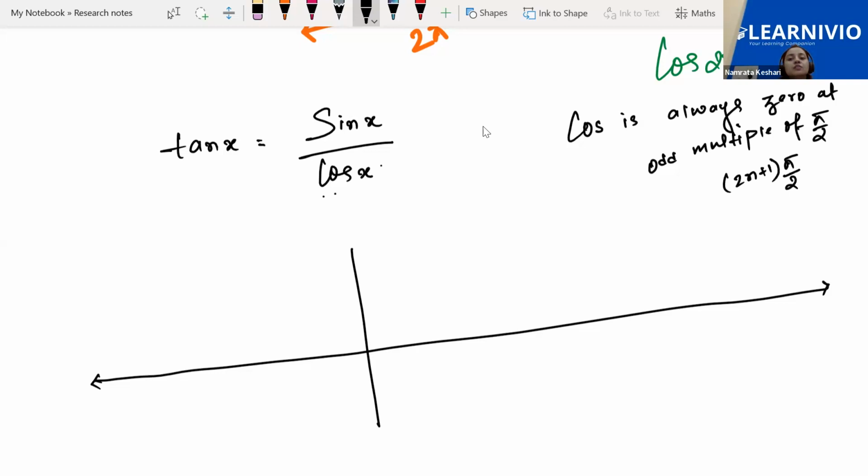So cos is always 0 at odd multiples of pi by 2, and those are the points where tan will start rejecting.